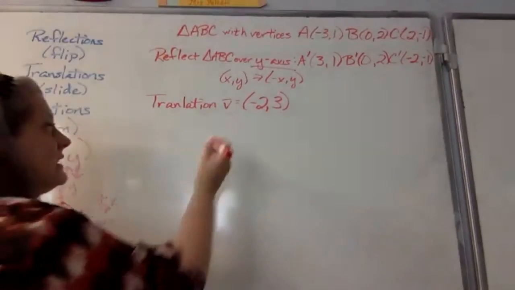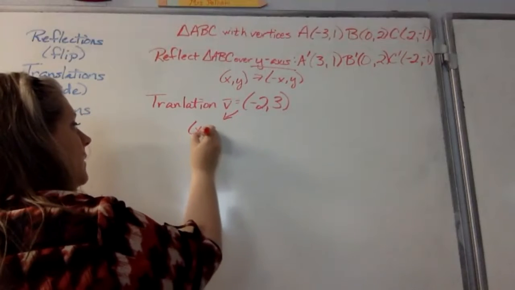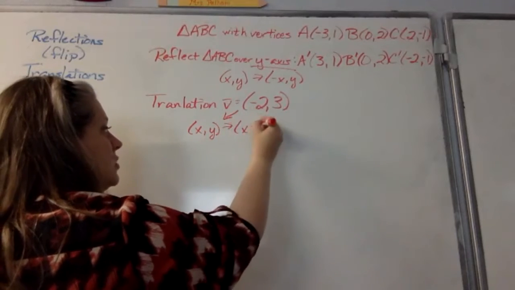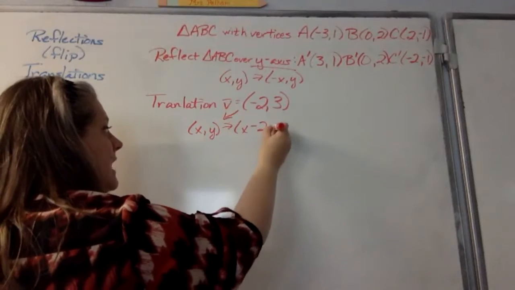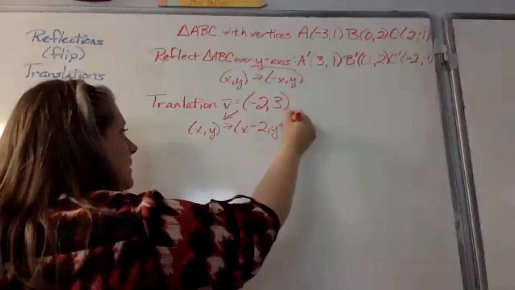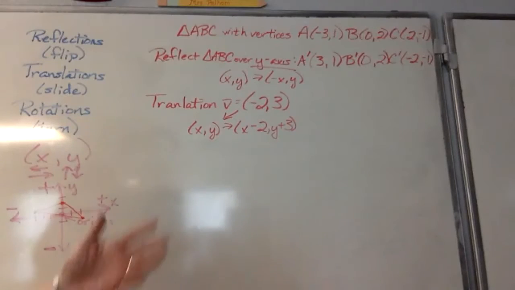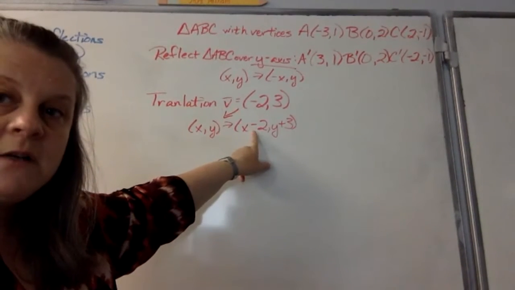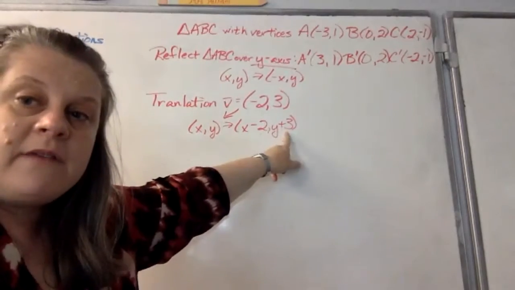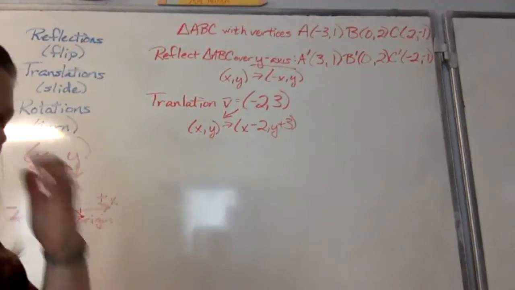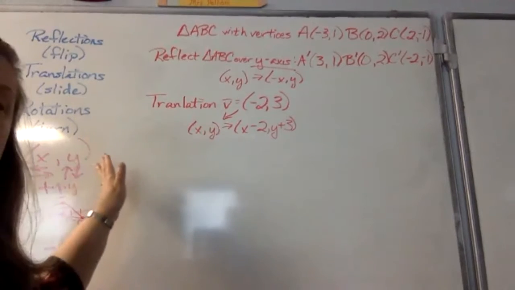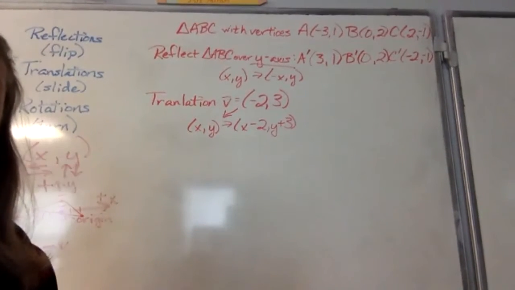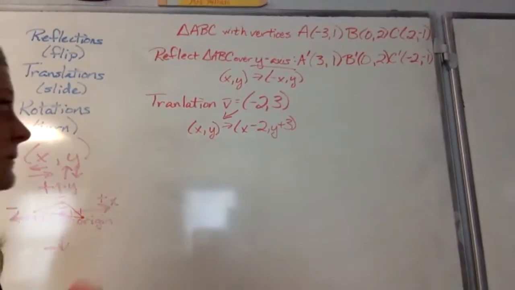So basically what this is telling me is for my x's I'm going to subtract 2 because it was a negative 2, and my y's I'm going to add 3 because it was a positive 3. So for my translation with this vector, I'm going to subtract 2 from each x value, and I'm going to add 3 to each y value to get my coordinates of my new figure, my image. Remember the one before? Your original is called your pre-image. This is finding the coordinates of the image after the transformation.